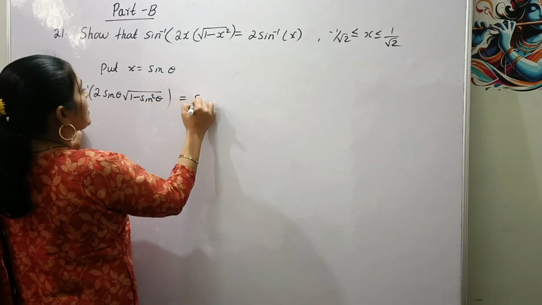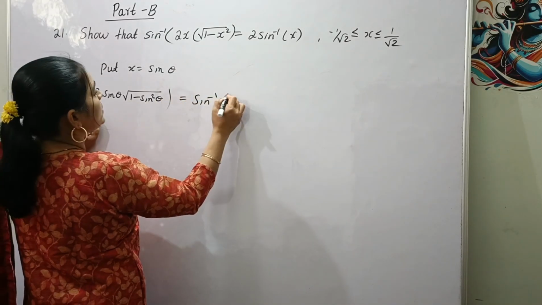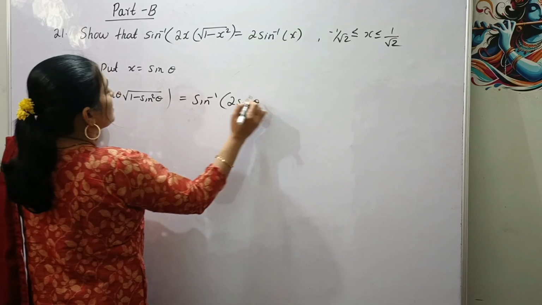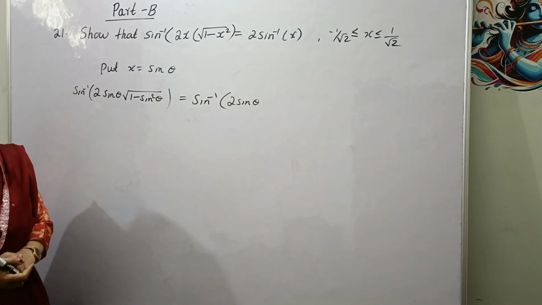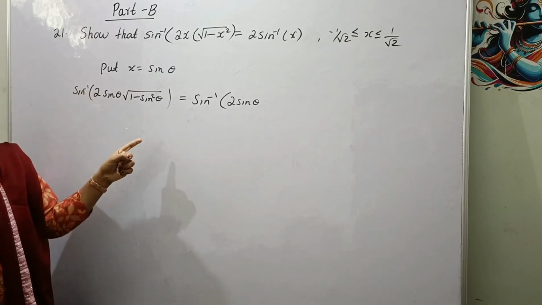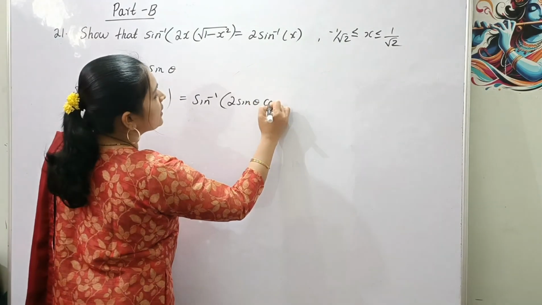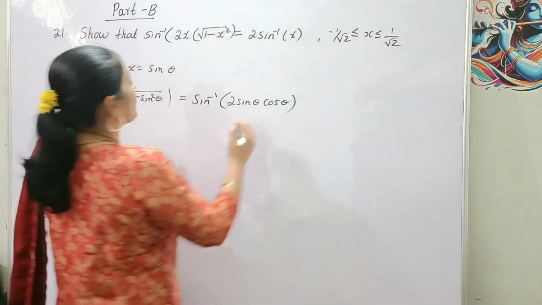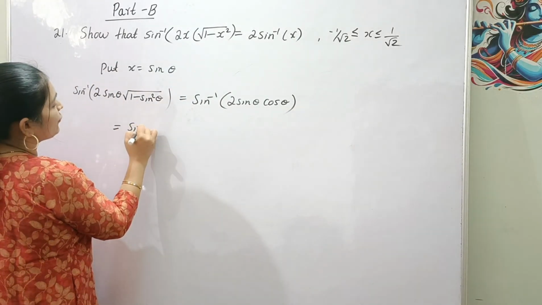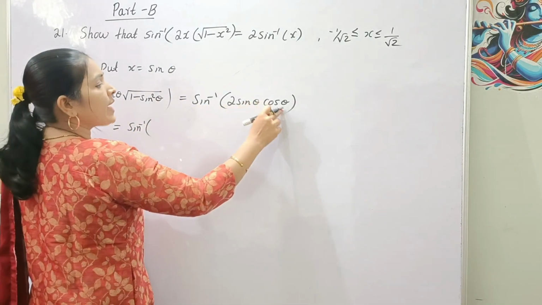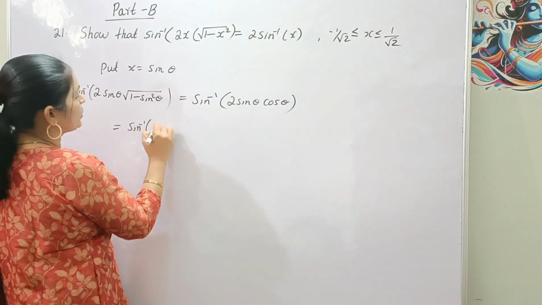That is equal to sine inverse of 2 sine theta root of 1 minus sine square theta. 1 minus sine square theta is cos square theta. Square root of cos square theta is cos theta, right? Cos theta. That is equal to sine inverse of 2 sine theta cos theta, which is nothing but sine 2 theta.